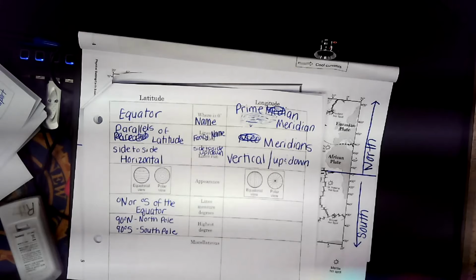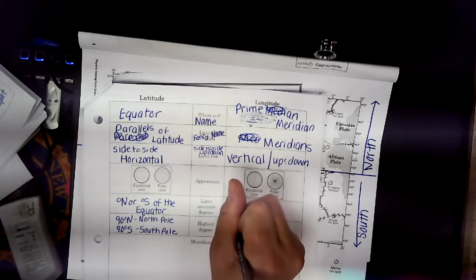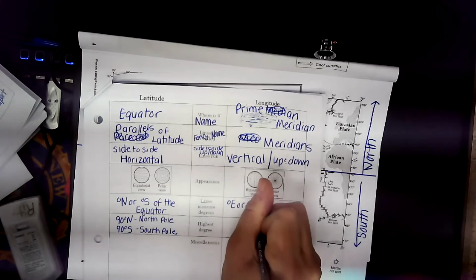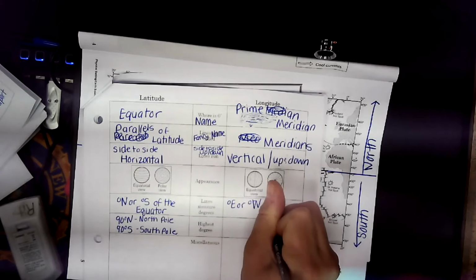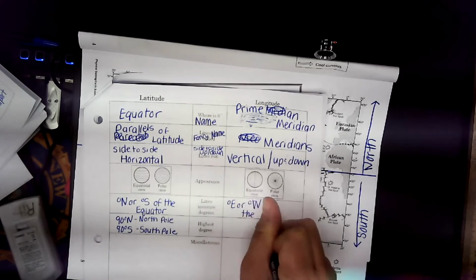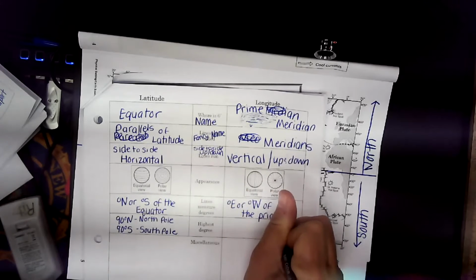What do these measure? Latitude measured north or south of the equator. What do meridians measure? They measure degrees east or degrees west of the prime meridian.